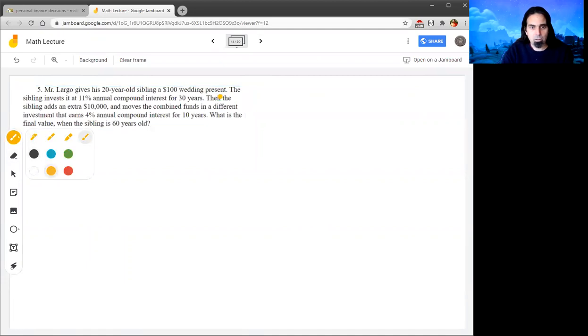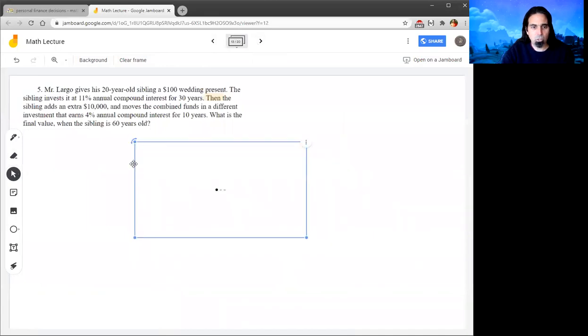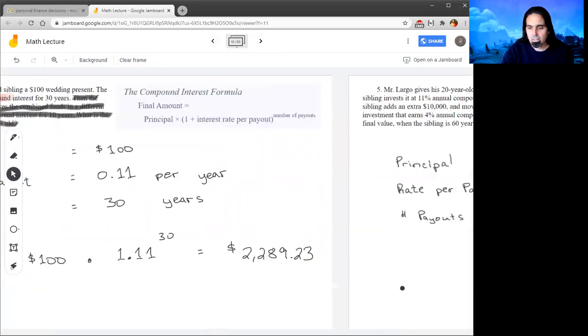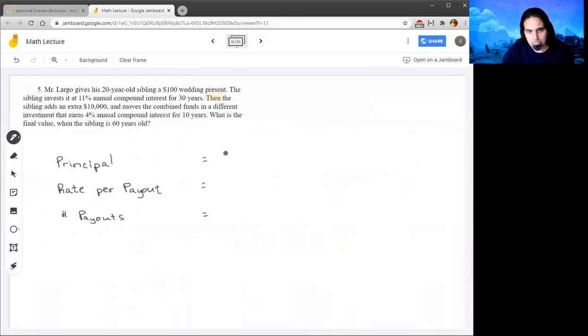So we are right here. Then the sibling adds an extra $10,000. So our principal now, how much we're starting part 2 with, is the 2,289.23, plus this extra 10,000 that they're adding on.